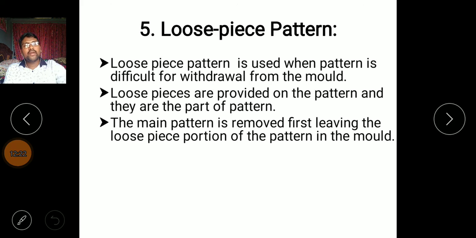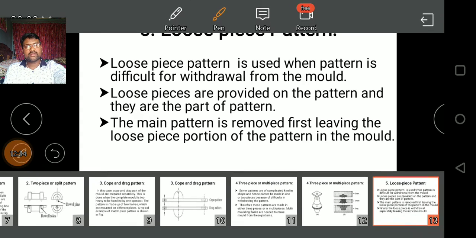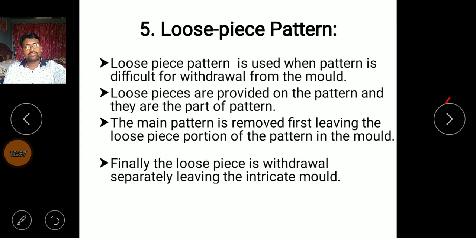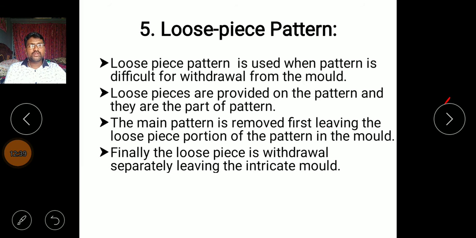Next, the main pattern is removed first, leaving the loose piece portion of the pattern in the mold. First, we have to remove the main part. After that, we have to remove the loose pieces. Finally, the loose pieces are withdrawn separately, leaving the intricate mold.